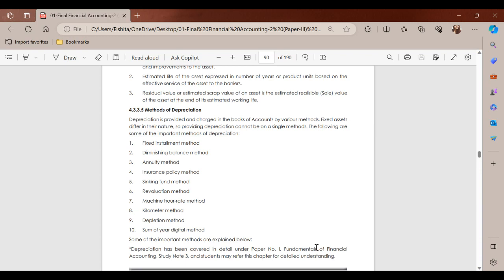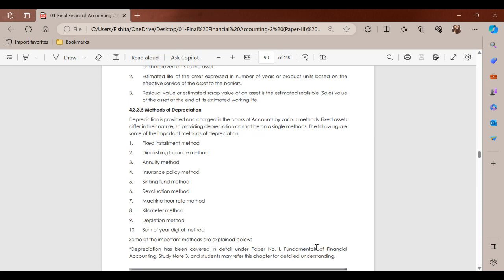Okay. Third is what you call annuity. There, instead of accruing the depreciation, you charge the annuity to the P&L. So what you do is you debit the annuity amount to the P&L. Fourth is insurance policy.